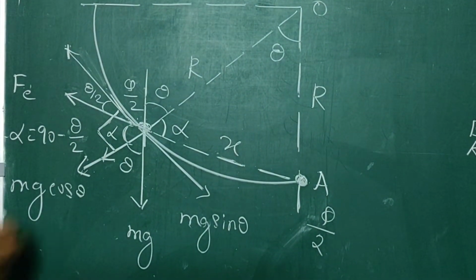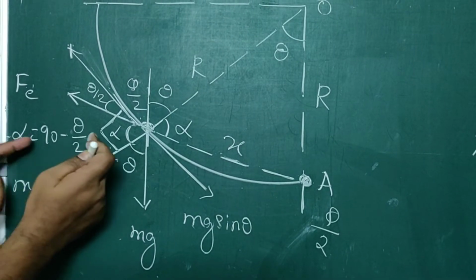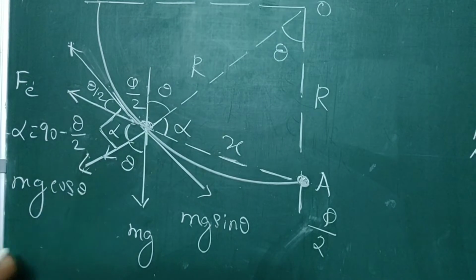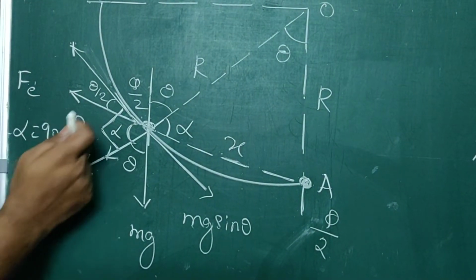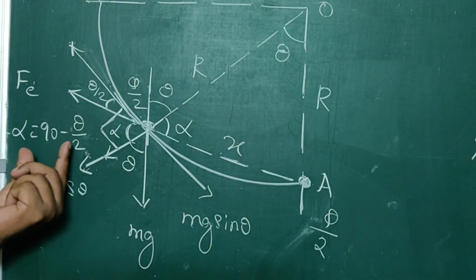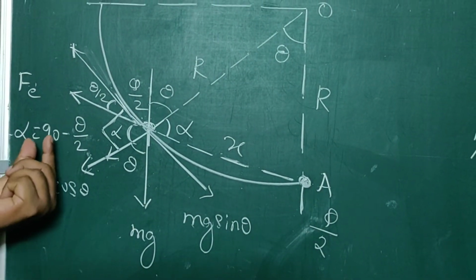If this whole angle is 90, obviously if it is 90 minus theta by 2, then 90 minus theta by 2 plus theta by 2 should come to 90. So for that reason, this remaining angle should be equal to theta by 2, and later we can prove the value of alpha is 90 minus theta by 2.